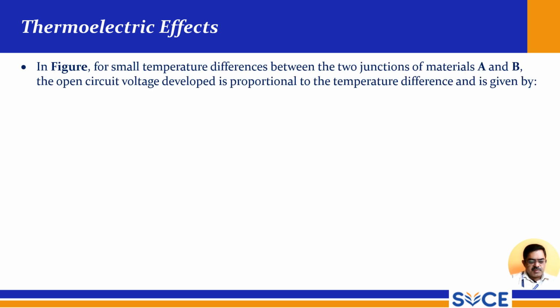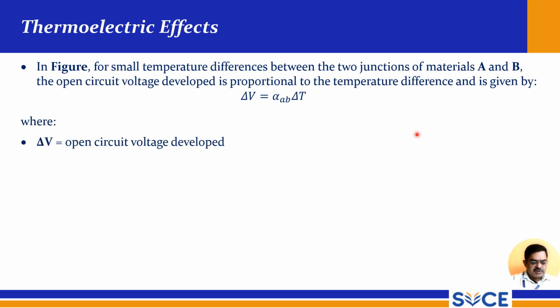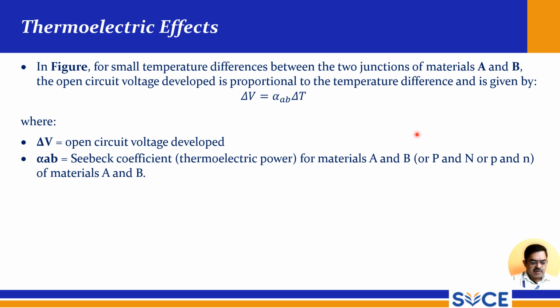So for small temperature differences between the two junctions of materials A and B, the open circuit voltage developed is proportional to the temperature difference and is given by delta V equal to alpha AB into delta T. Here delta V is the open circuit voltage developed, and alpha AB is the Seebeck coefficient, or thermoelectric power, for materials A and B, or P and N materials.